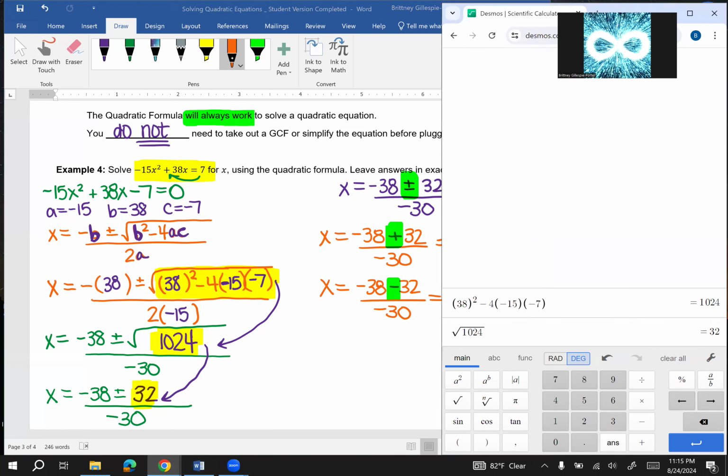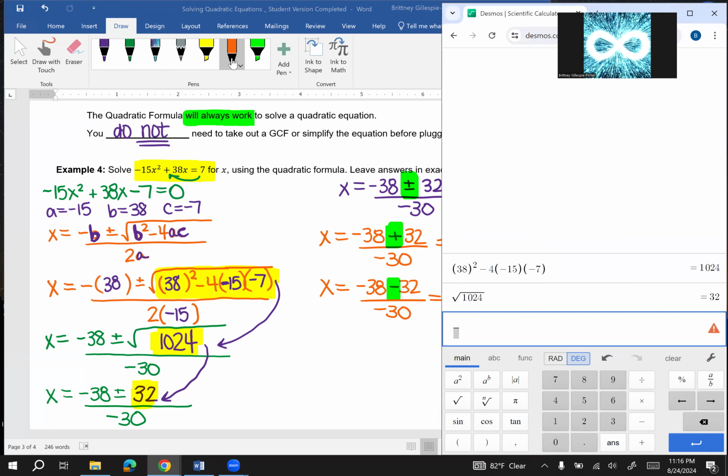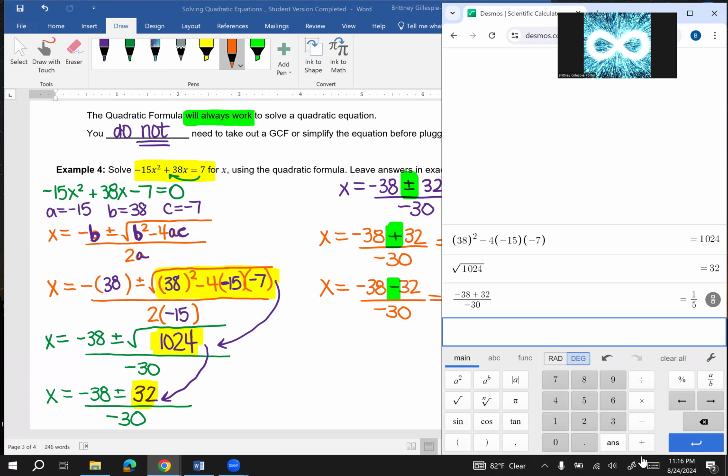Okay. So if you are using a calculator like Desmos, you're going to do the division sign first. -38 plus the 32 up top, all over -30. They want exact form, so we're going to convert back to a fraction, and we get 1/5. If you're not getting 1/5, you're using a different type of calculator. Go ahead and do the numerator first.